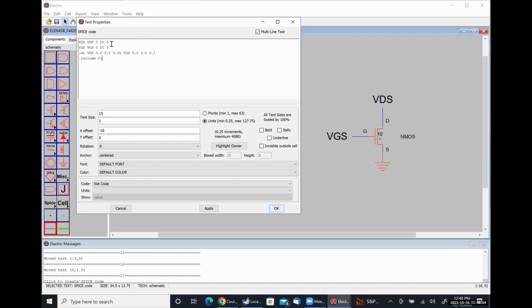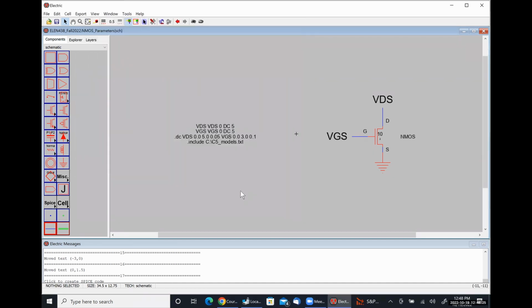And then for my particular computer, since I have the C5 models stored in my root directory, that's where I'm looking for it. So C5_models.txt. And I'll hit apply and then OK. And I'll try to run the simulation and we'll find out whether or not I remembered how to do all of this correctly.